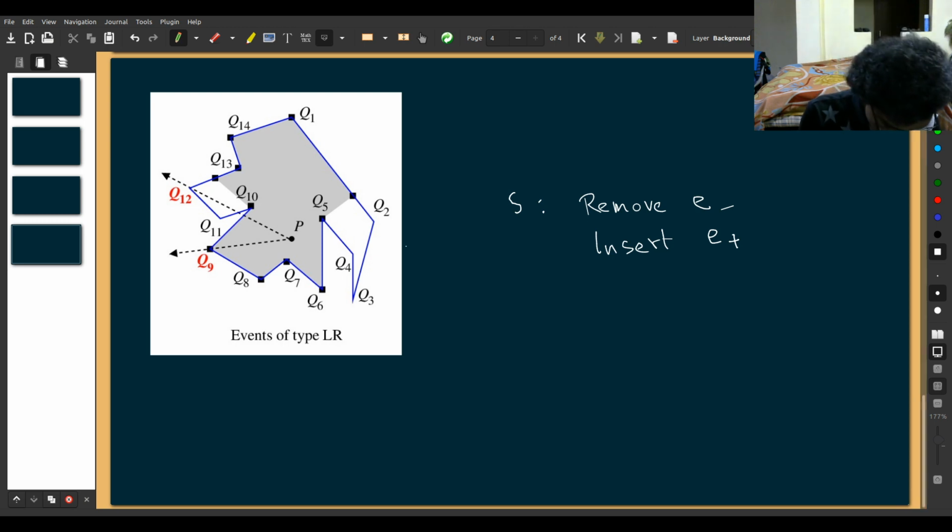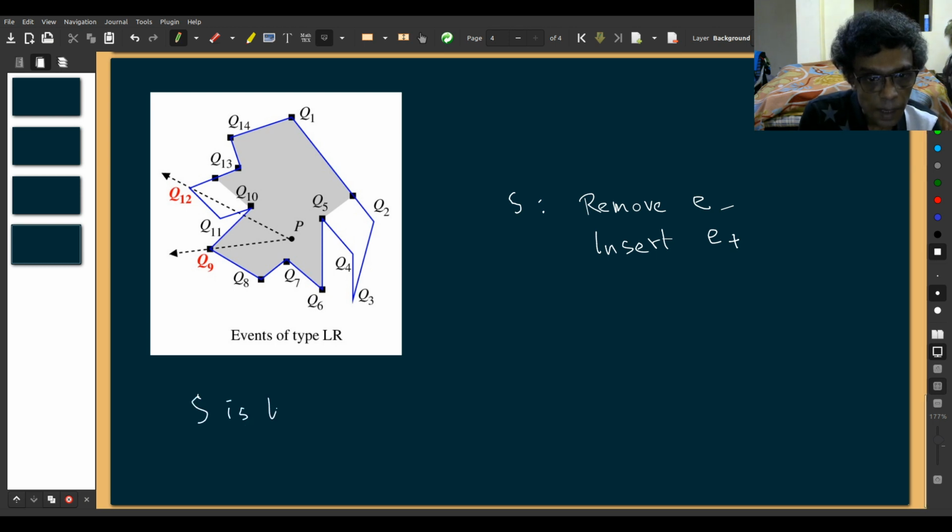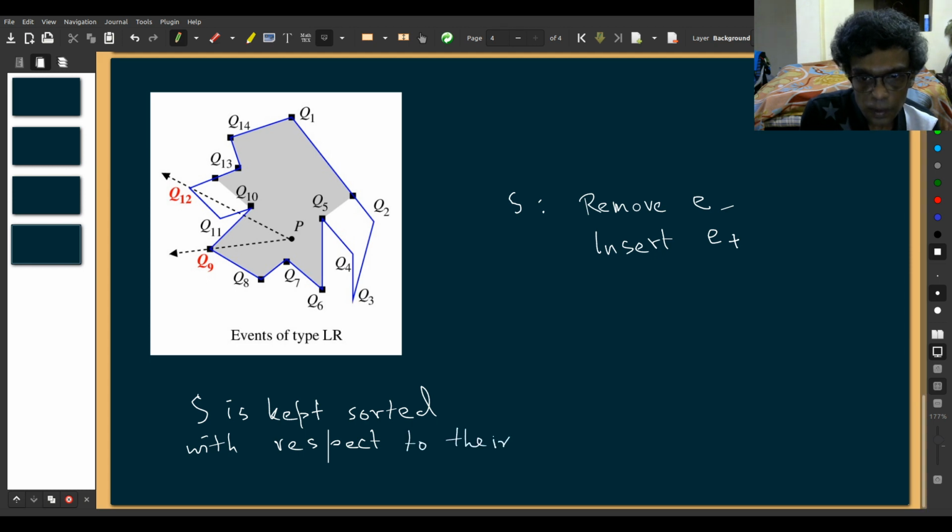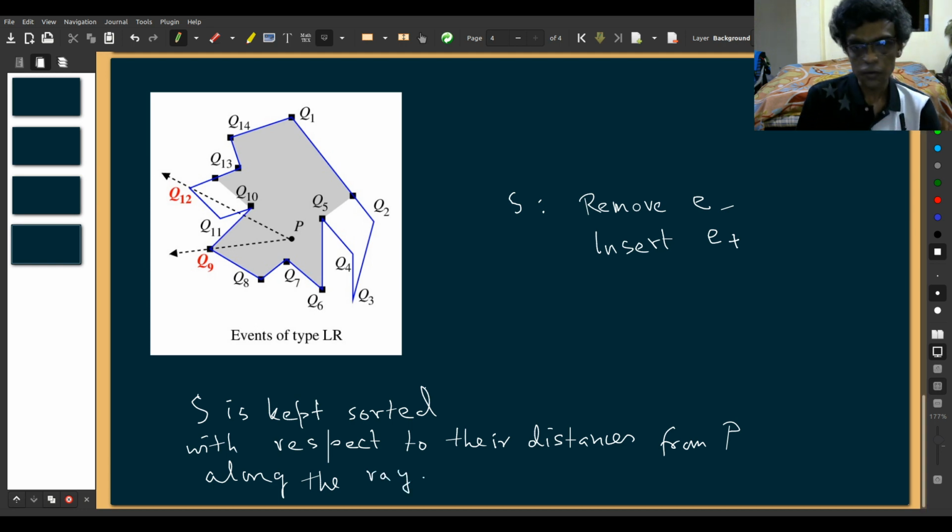S is kept sorted in the ascending order, of course, with respect to their distances from P along the ray or current position of the ray. This sorting we should maintain.